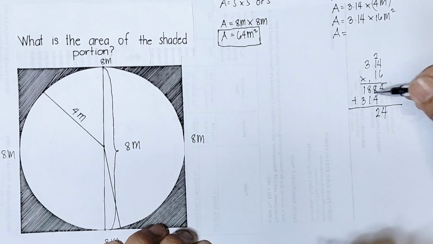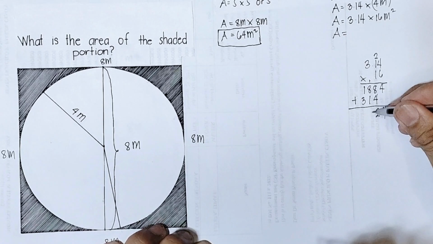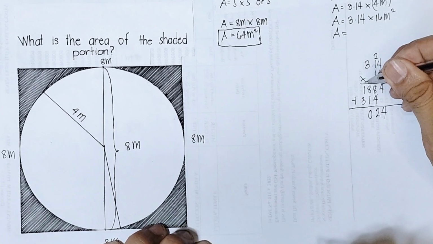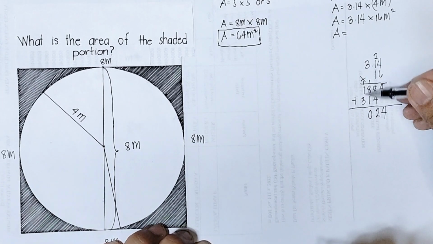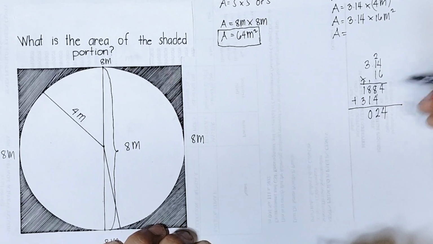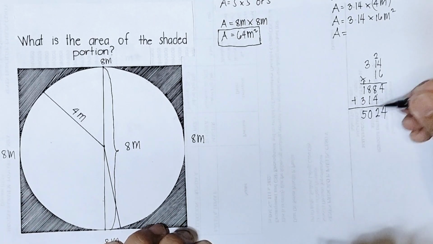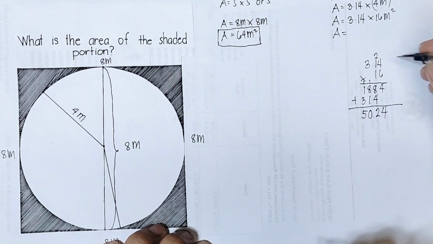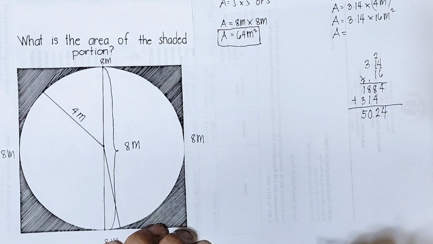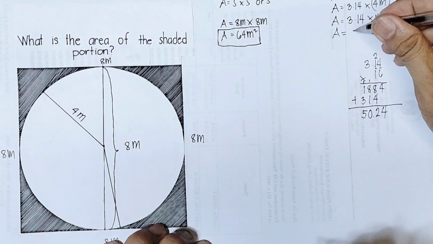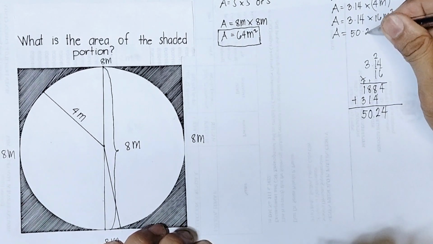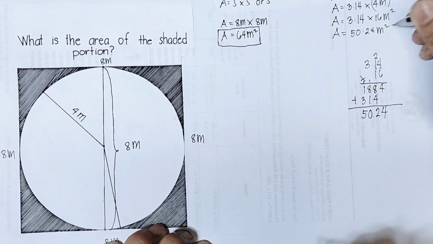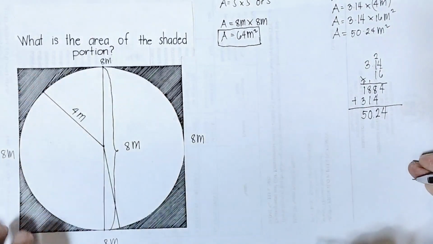So 1 plus 8 plus 1 is equal to 10. We put 0 here and then carry 1. We add 1 plus 3 is 4, plus 1 is equal to 5. And now let's put the decimal point in between 0 and 2 because we have 2 decimal places here. So the answer is equal to 50.24 meters squared. That is the area of the circle.